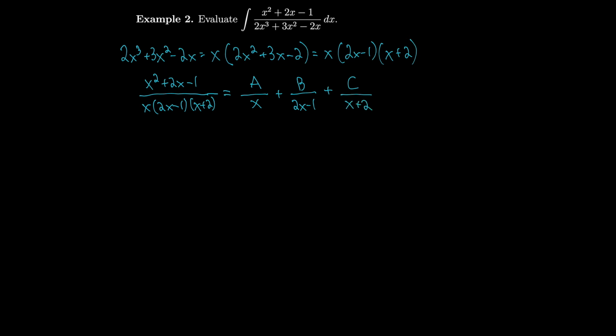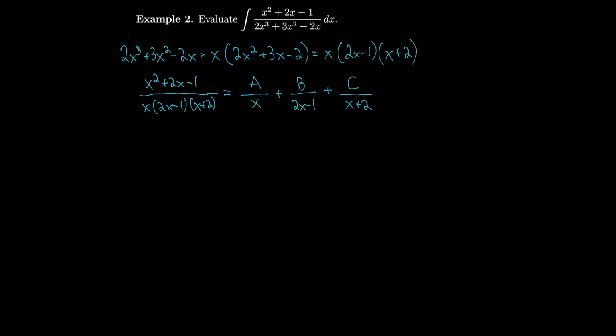We write a term over each of our linear factors, where the degree of the numerator is 1 lower than the denominator. So all of our denominator terms are linear, so all of our numerator terms are constant.